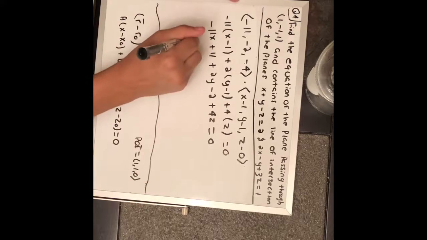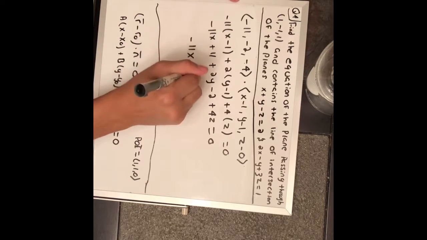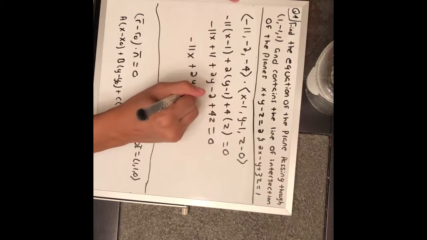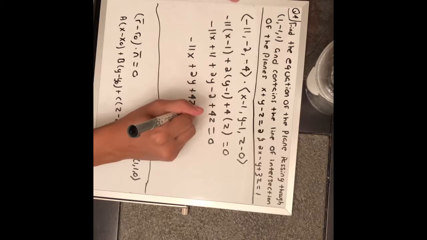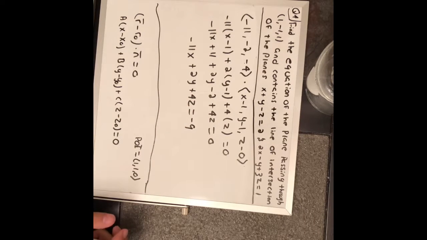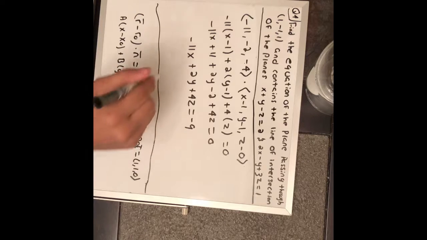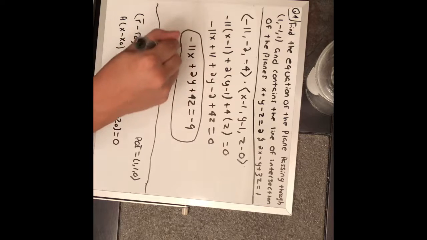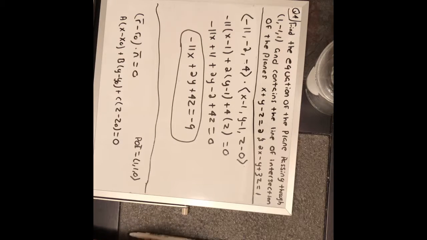Subtracting it over, we get 11x + 2y + 4z = -9. And this would be your equation of the plane that passes through the point (1, -1, 1) and contains the line of intersection of the planes x + y - z = 2 and 2x - y + 3z = 1.